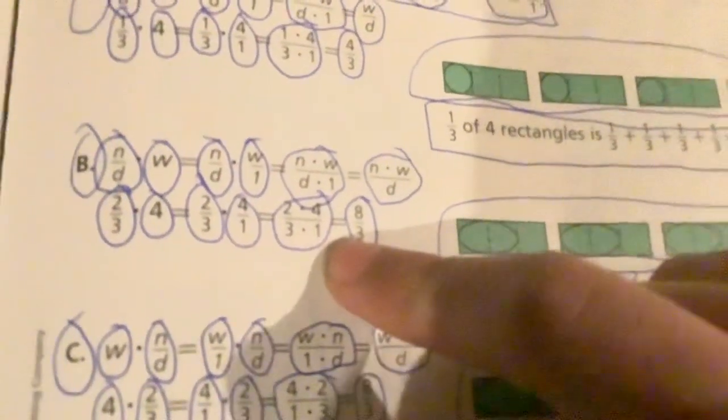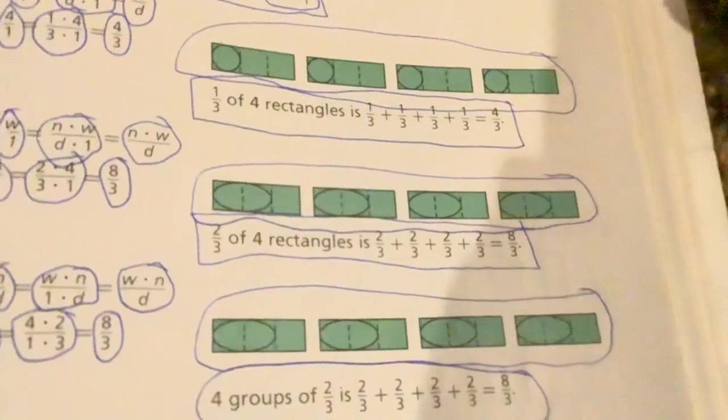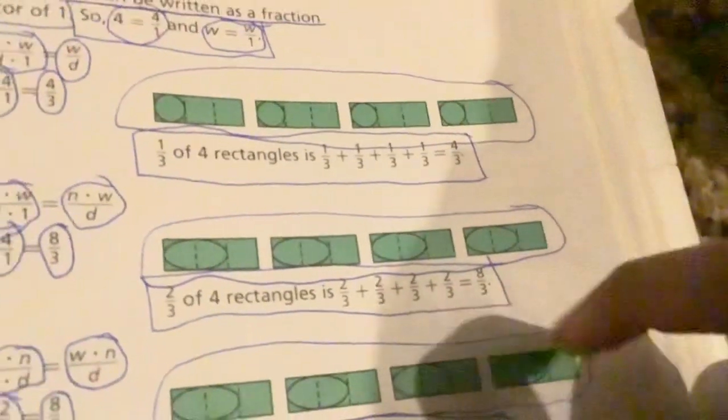And 4 over 1 times 2/3 would make it so that 2 times 4 over 3 times 1 is equivalent to 2/3 times 4 over 1. That makes 8/3 directly, because 2 times 4 over 3 makes 8/3, and 4 times 2 is 8. So we could simplify this one too. So 2/3 of 4 rectangles is 8/3.